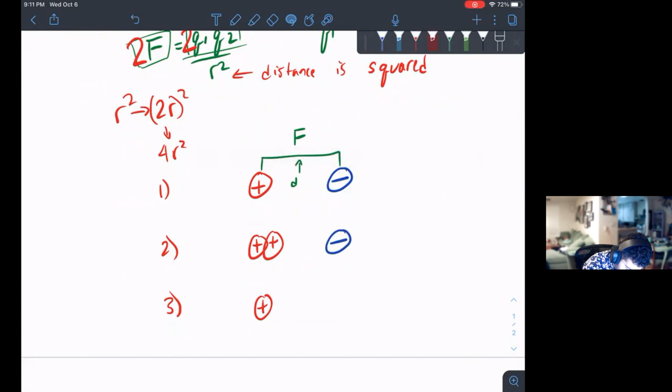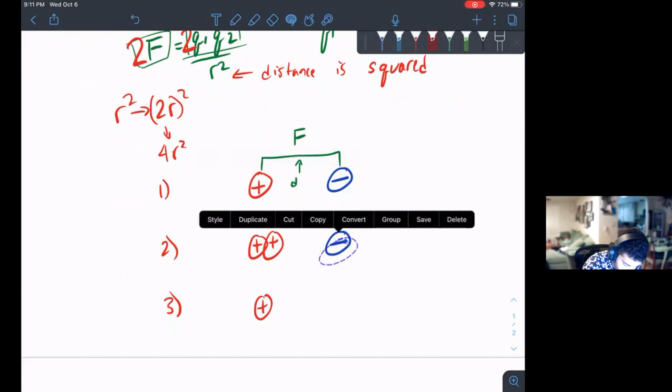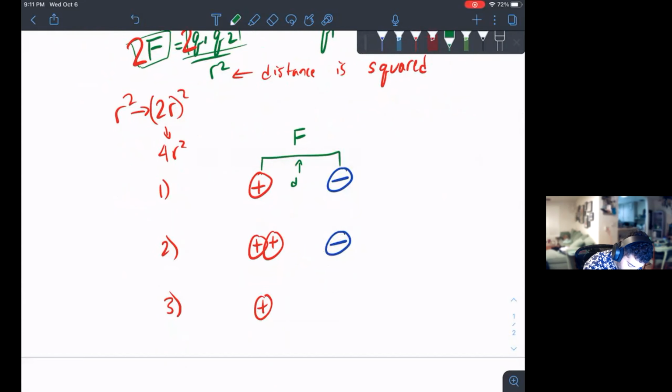If we take that same distance, we keep it. The force here, I'm actually going to move some things around. So this will be equal to some force.